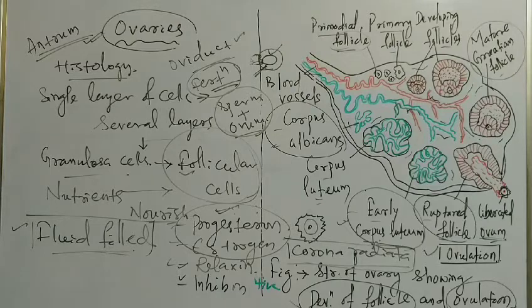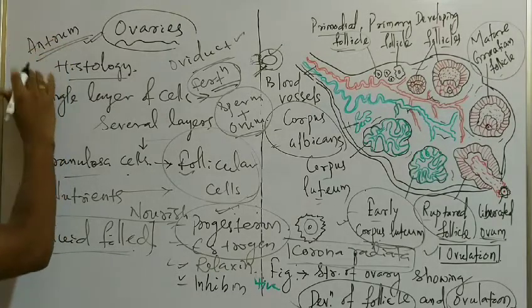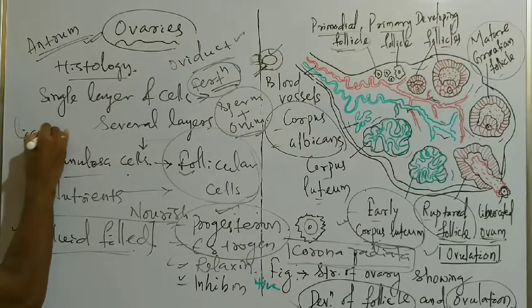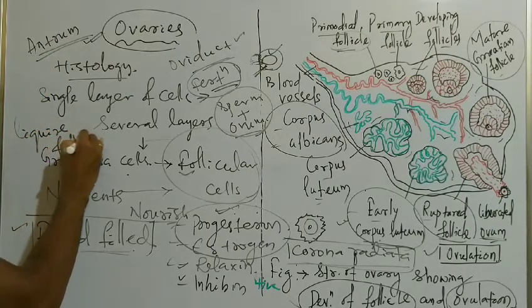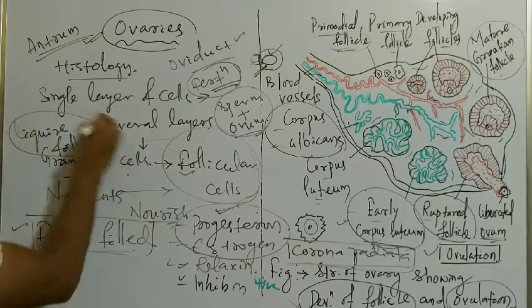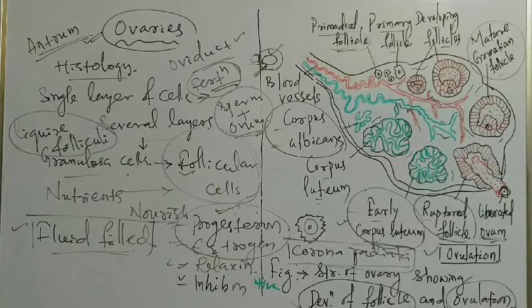And these antrums are filled with liquor folliculi. Liquor folliculi is the fluid which is present inside the antrum or the gap of the follicles. That may be a primary follicle, may be a Graafian follicle. So the liquor folliculi is present in the antrum, the cavity of the follicles.